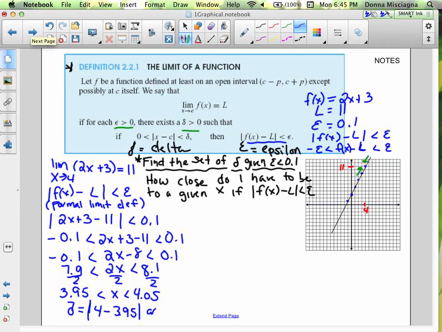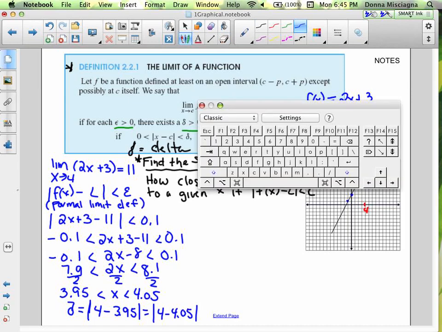Either way it wouldn't matter, because the absolute value would be exactly the same. So that's just 0.05.